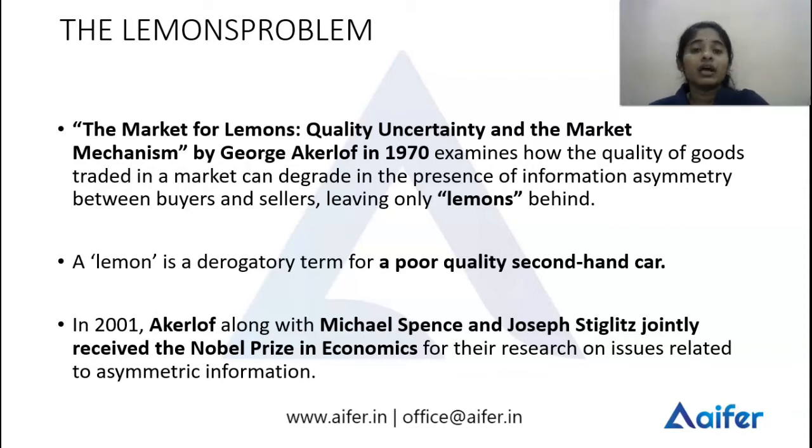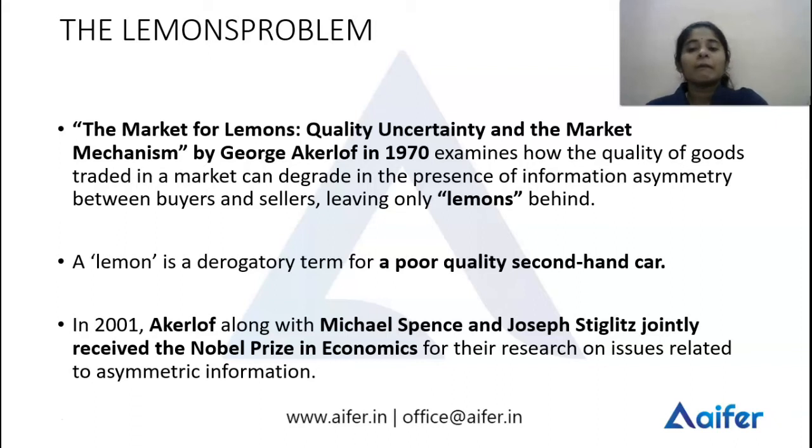But we have to know about the lemons problem further. He explains in his paper that suppose buyers cannot distinguish between a high quality car and a poor quality car. There will be two parties, buyers who are willing to buy second-hand cars, and sellers who are selling different kinds of second-hand cars.